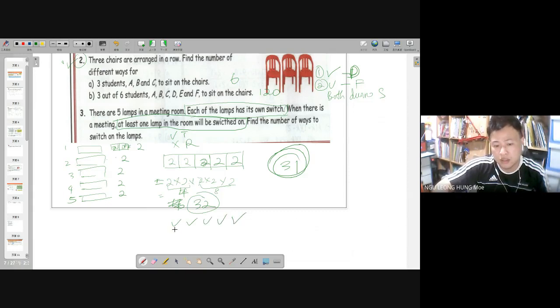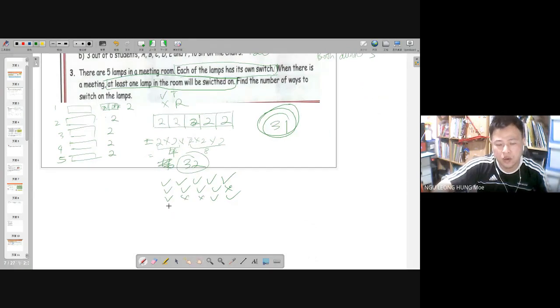You can on, off. You can on, off, on. All these can, right? But you cannot turn off all. This is also one of the options in the 32. Do you understand this one?